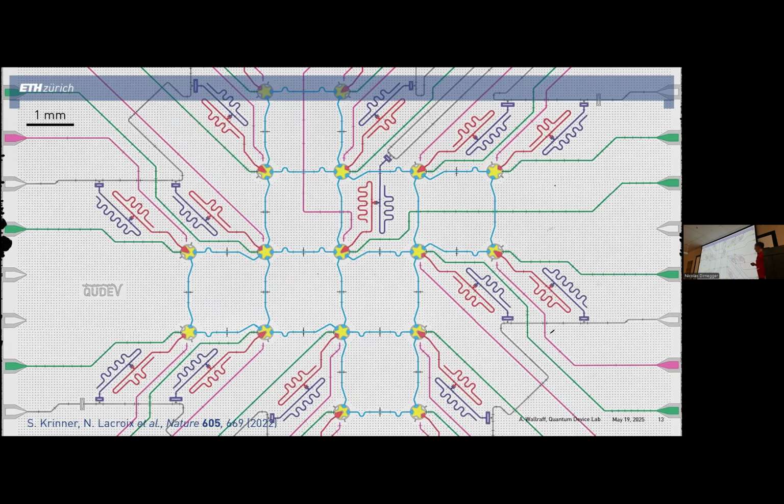Then every qubit can be read out by coupling it non-resonantly to a microwave frequency quarter wave resonator, and the actual readout resonator is shown in red here, and it's shorted at the far end and capacitively coupled to the qubit. And it's actually quite strongly capacitively coupled to the qubit.